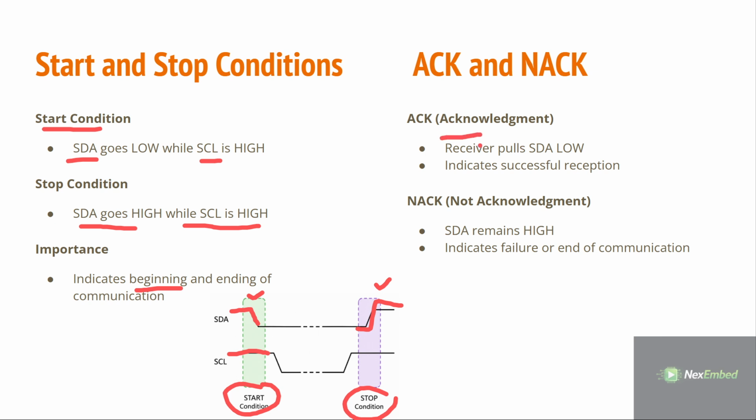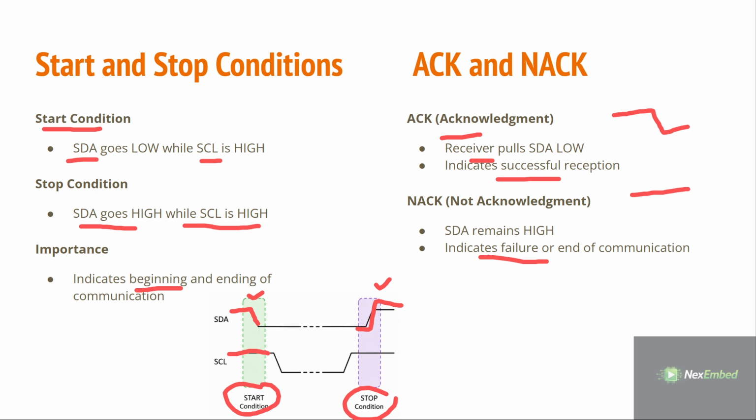ACK is when the receiver pulls our data line low. Obviously, it will be in high state, but during the acknowledgement it will be pulled to low, which indicates that ACK is received, and also that the reception happened successfully. NACK means my data line will remain in high state instead of going to low state. It indicates failure or end of communication.